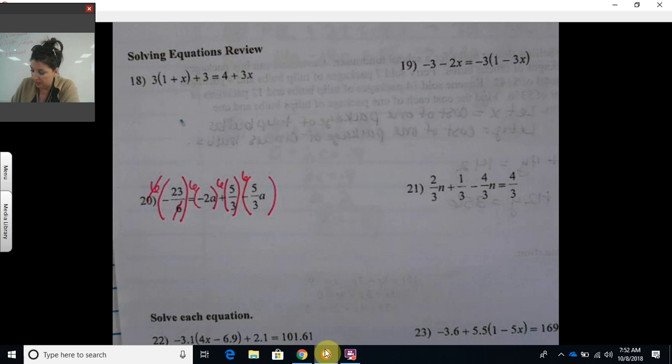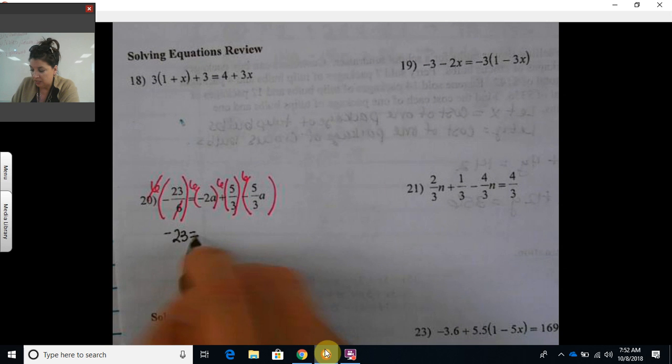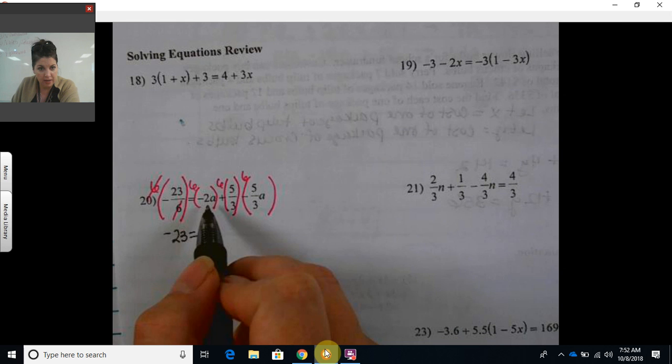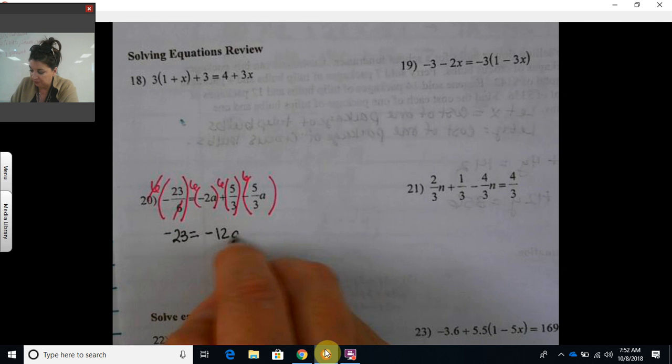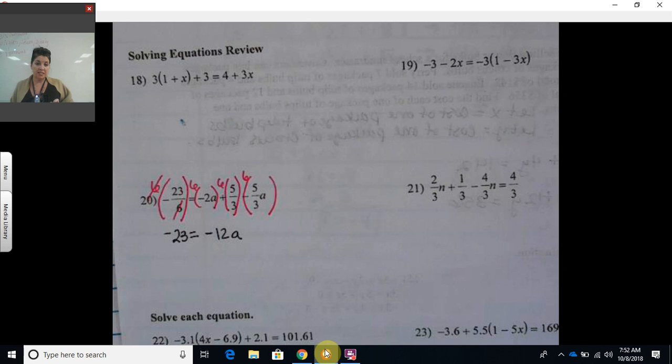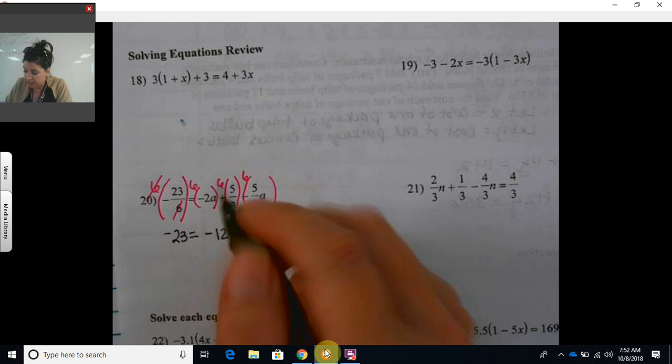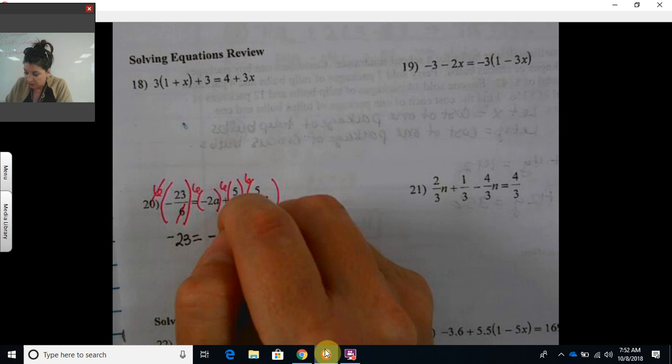And I'm left with negative 23 equals, this term we don't have a fraction, so 6 times negative 2a is negative 12a. 6 times positive 5/3, the 6 and the 3 don't cancel, but we can reduce because 3 goes into 3 and 3 goes into 6 evenly, right? So we could say 3 goes into 3 once, 3 goes into 6 twice.